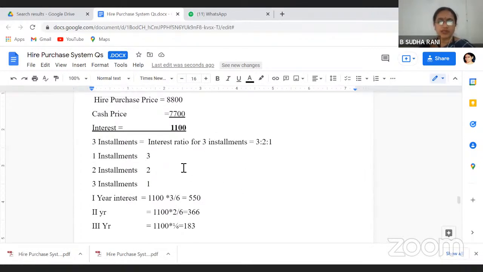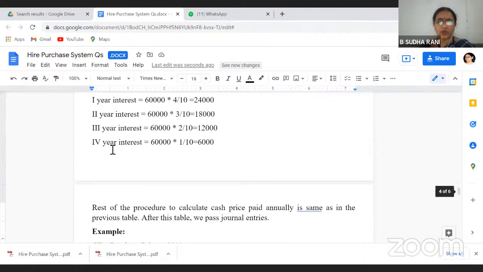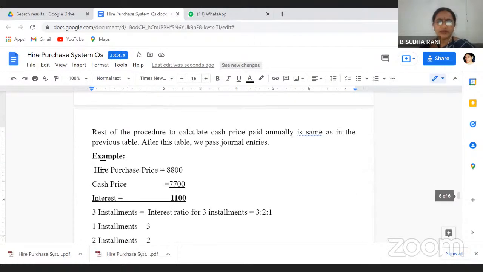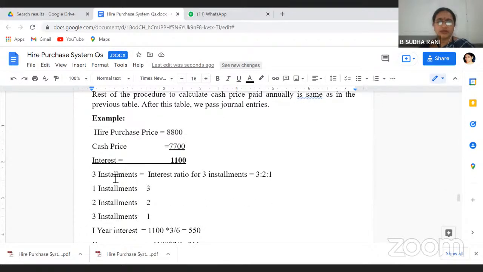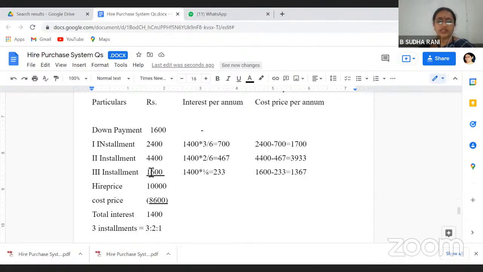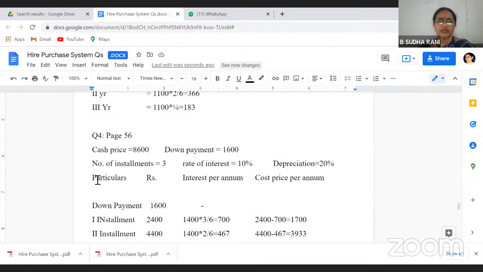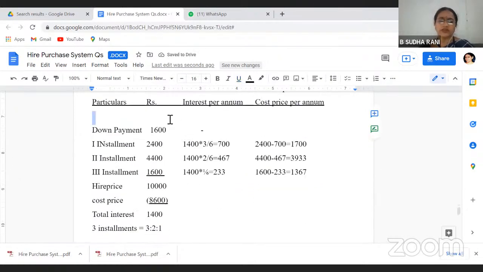The same thing here, I thought I would take a smaller example and explain here. Once you get this table, the rest of the sum is only passing the journal entries. That's all. Okay. Once you get this, you will pass the journal entries.